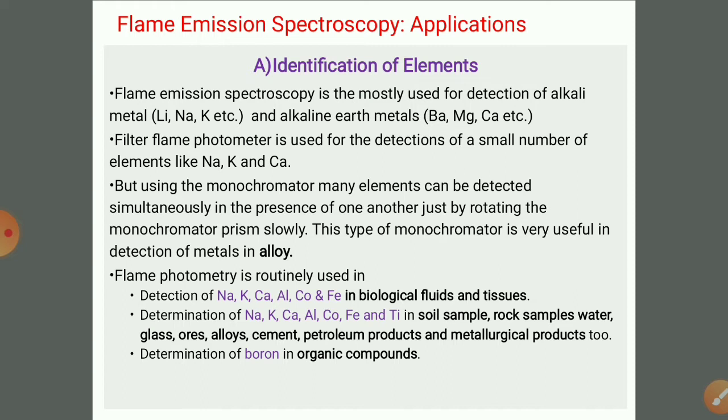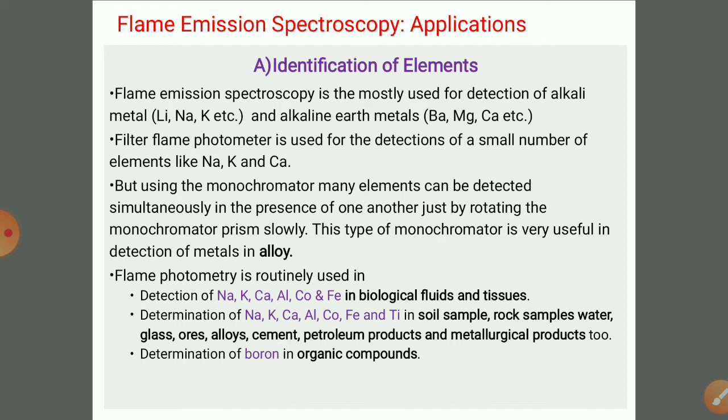This flame photometry is routinely used in detection of sodium, potassium, calcium, aluminum, cobalt, and iron in biological fluids and tissues. Also, it is used in determination of again sodium, potassium, calcium, aluminum, cobalt, iron, and titanium in soil samples, rock samples, water, also in glasses, ores, alloys, cement, petroleum products, and metallurgical products also.